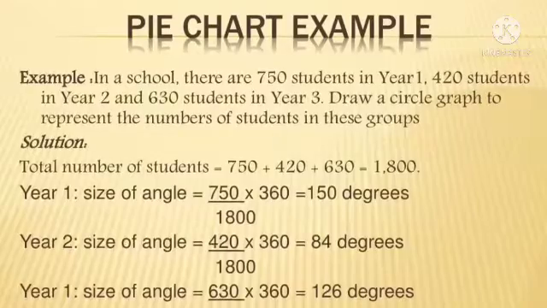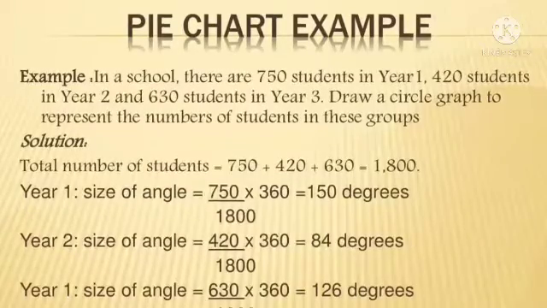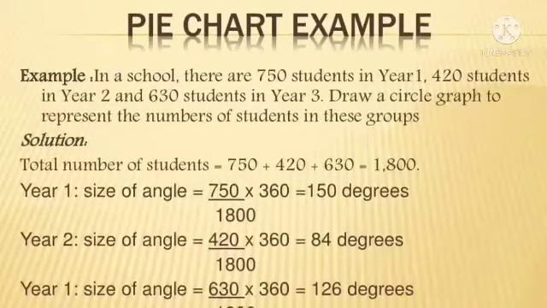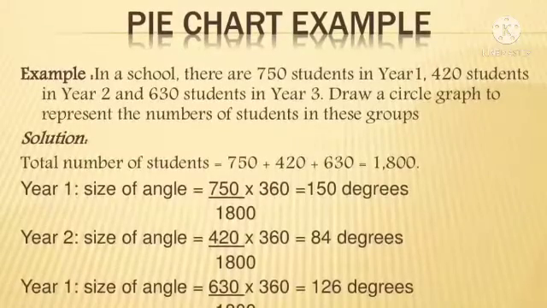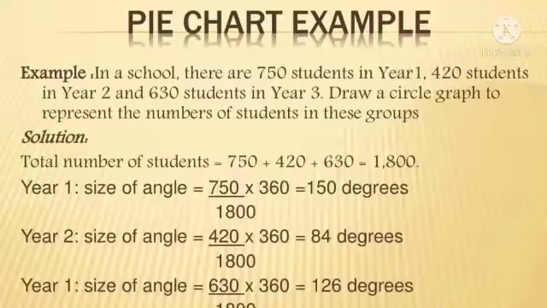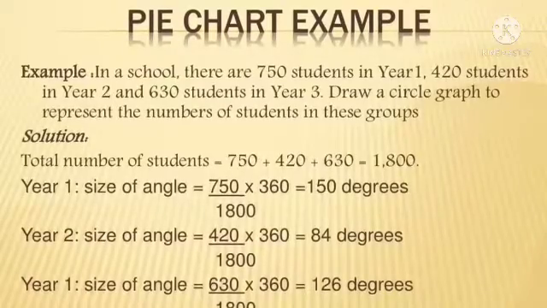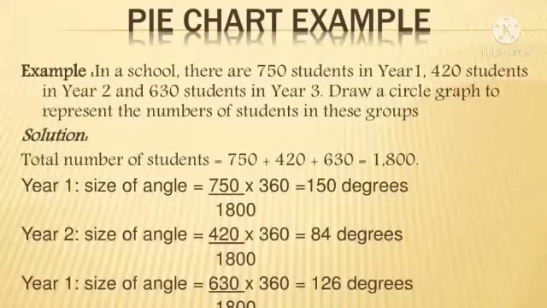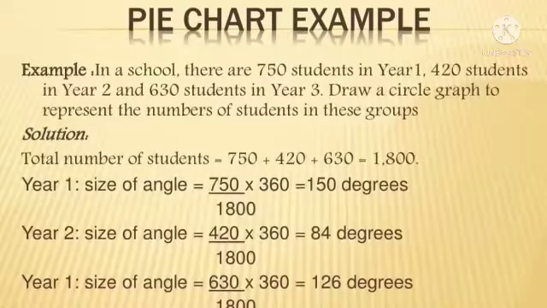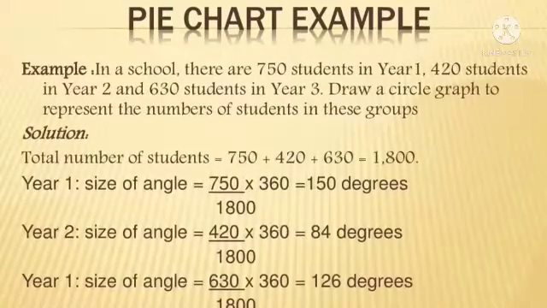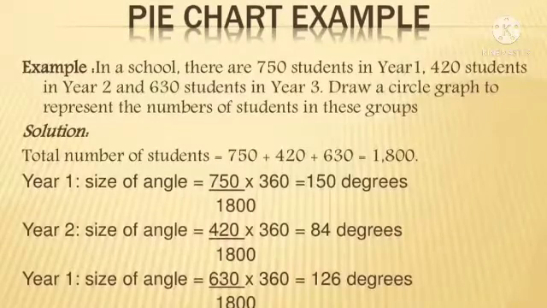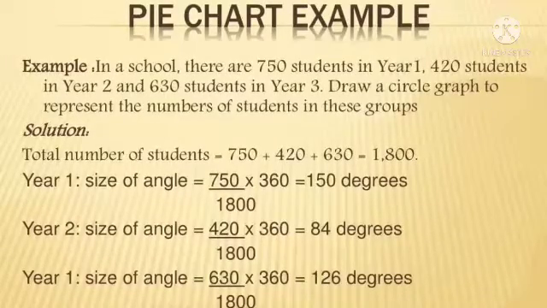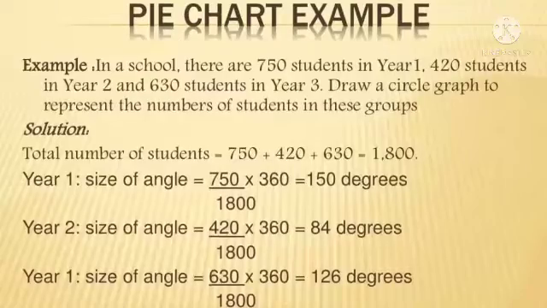Year 1 size of angle is equal to 750 divided by 1800 multiplied by 360 is equal to 150 degrees. Year 2 size of angle is equal to 420 divided by 1800 multiplied by 360 is equal to 84 degrees.